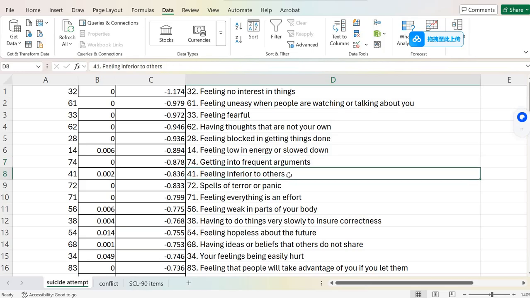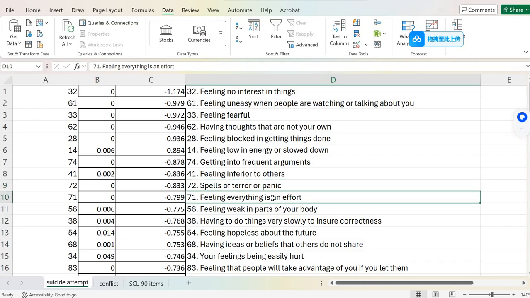Number 8, feel inferior to others, low self-esteem. That's hostility against myself. Spells of terror or panic, intrapersonal, self-punishing. And number 10, feel everything is an effort. This one is also self-directed. The distress is intrapersonal.